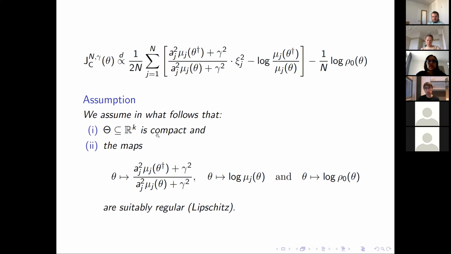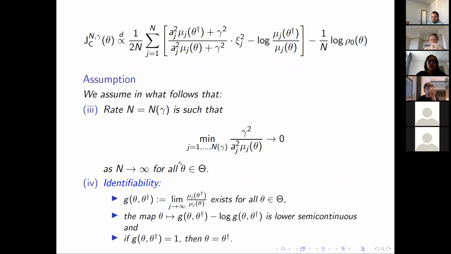So I assume that in addition to being finite dimensional, my hierarchical parameter has a compact domain, and then I need some regularity for these mappings. So I want this to go to that quantity, so I need these to have a certain regularity that I'm not going into detail on here.